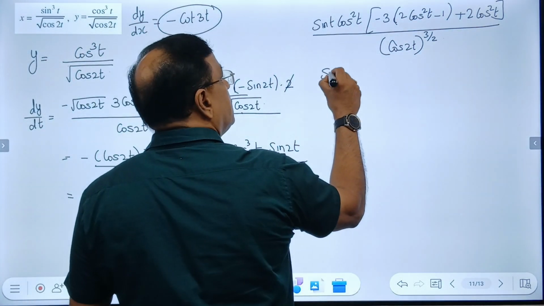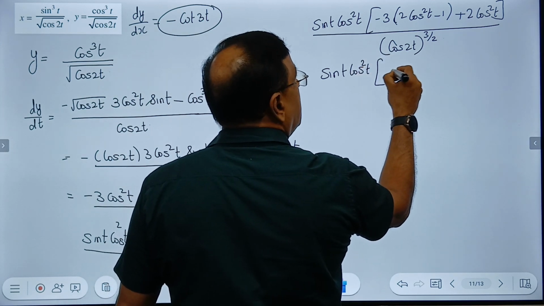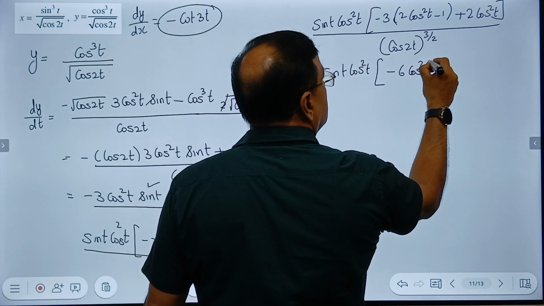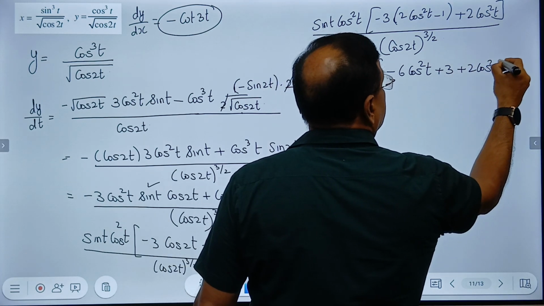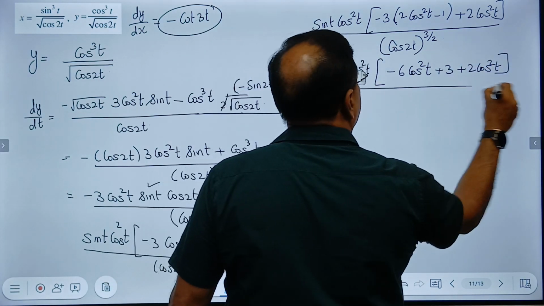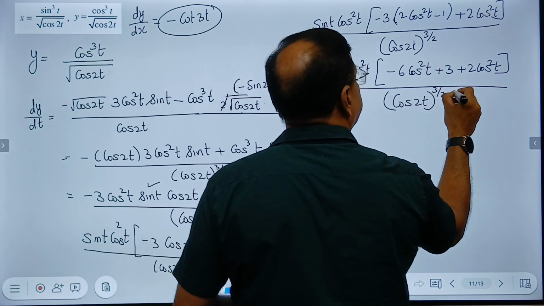Now open the bracket. Sin t cos square t. This will get minus 6 cos square t plus 3 plus 2 cos square t, divided by cos 2t the whole power 3 by 2.